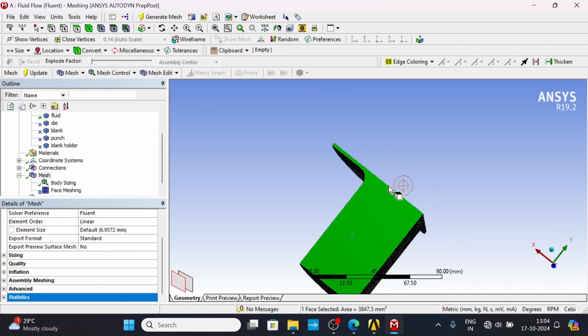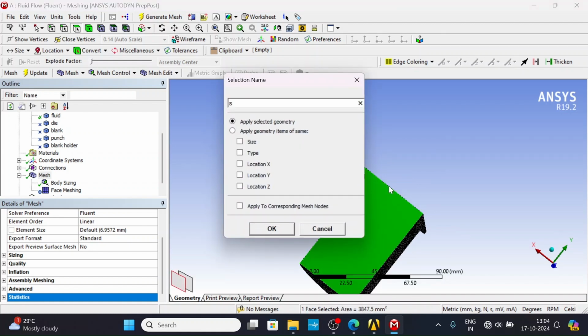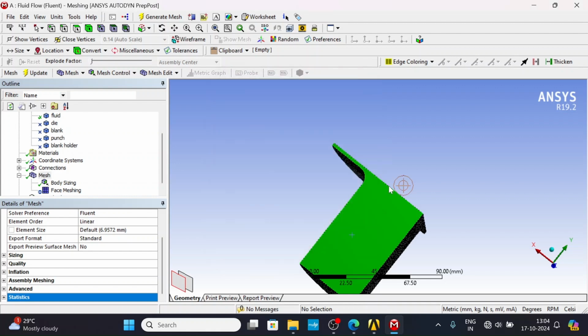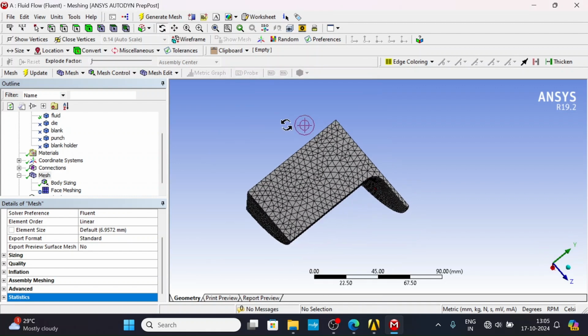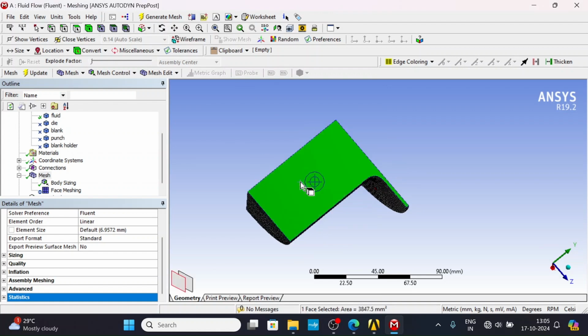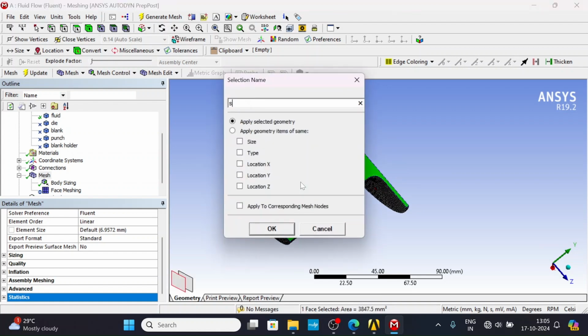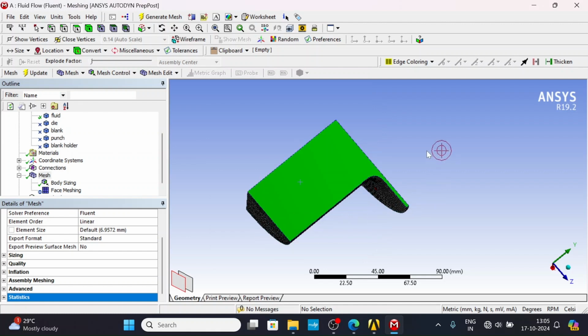As this is a quarter model, we have to give symmetry. This is symmetry 1. The other side will be symmetry 2.